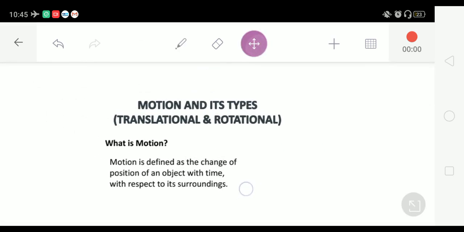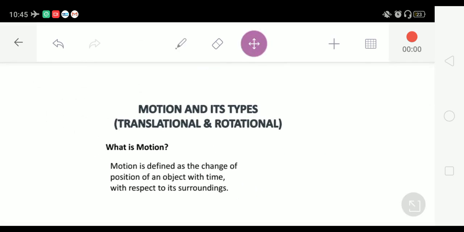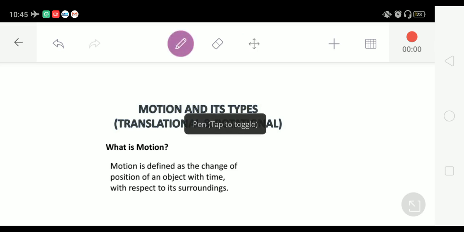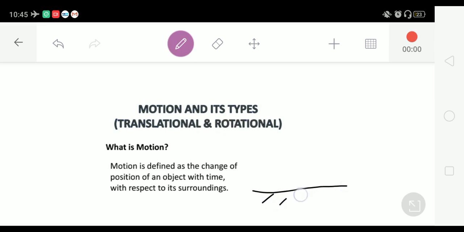Now here we have to understand motion. What is motion and its types? First we will understand what is motion. When can we say that a body is moving? How can we say that a body is moving? For that also we'll take a particular example. Let us consider a surface, and over here a block is placed.